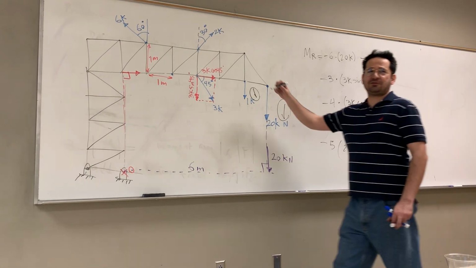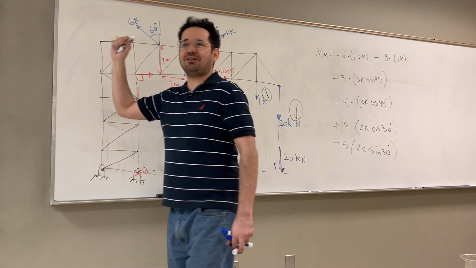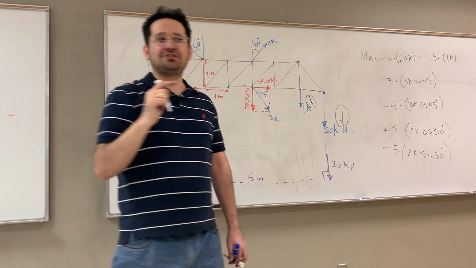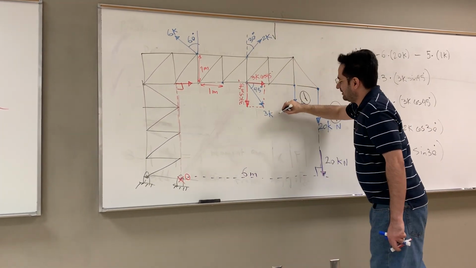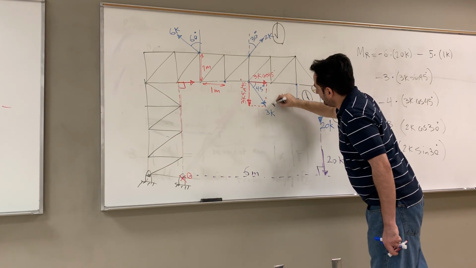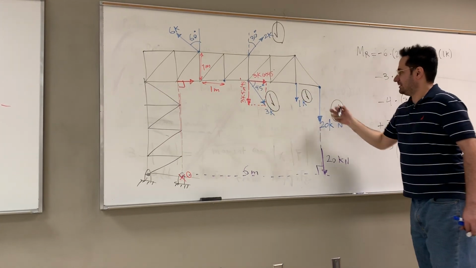I'm done with this. You see how fast it is? You don't even do one single cross product. It just takes you 5 seconds. So you're done with this guy, check mark it. You're done with this, this and this.